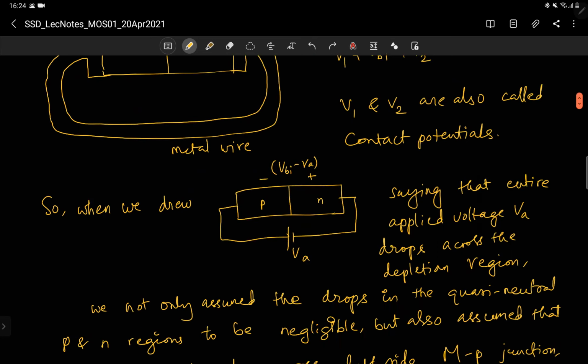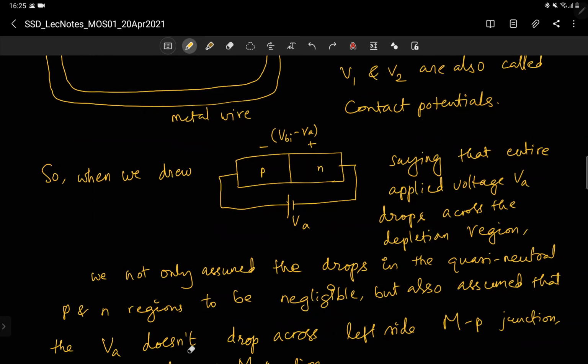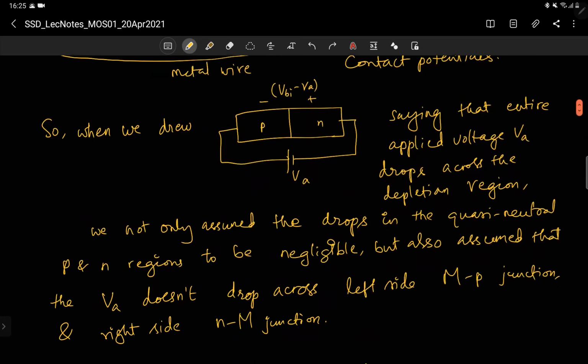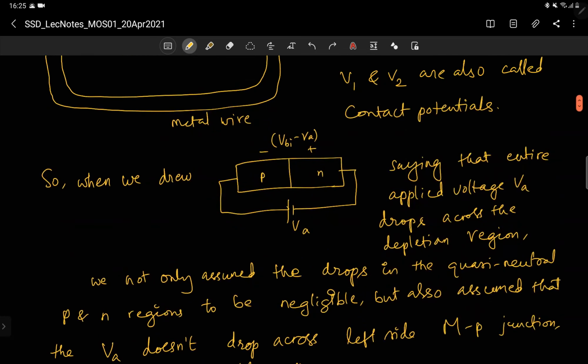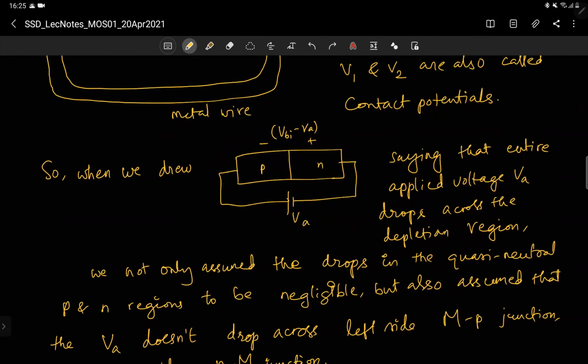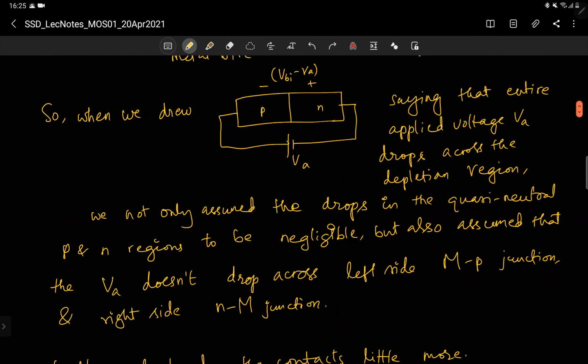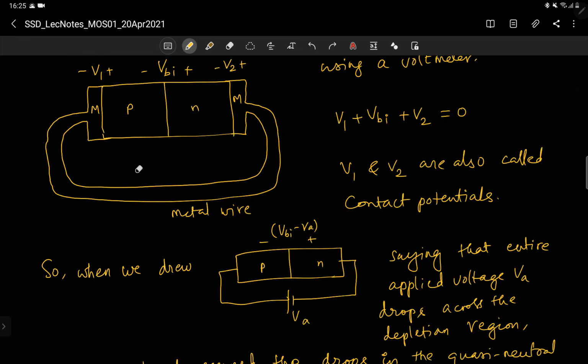Because we not only assumed the drops in the quasi-neutral P and N regions to be negligible, but also assumed that VA doesn't drop across the left side MP junction and right side NM junction. So this was not explicit in the discussion of PN junction, that there can be a small drop across this MP and NM when there is a bias.